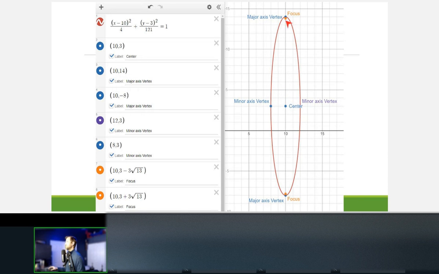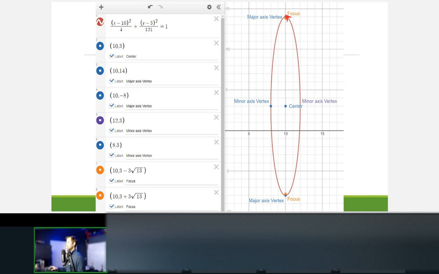The focal points are a little harder because really these focal points can be anywhere between the center and your major vertices. So as long as your focal points are on the major axis and they're inside your ellipse, that's all you can really check.